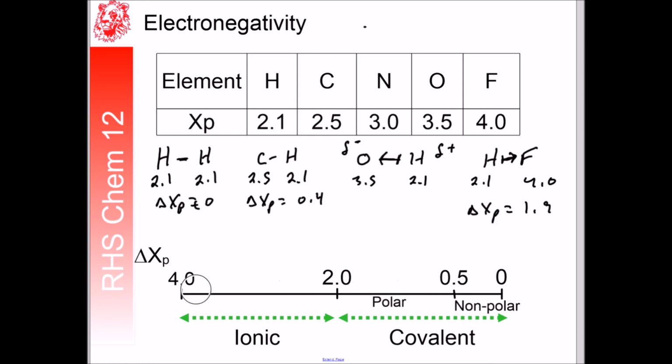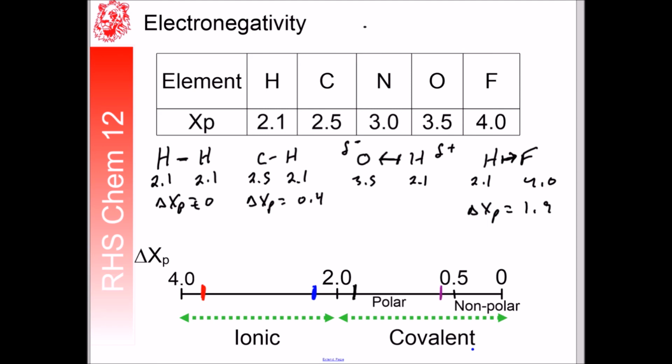So suppose we compare a number of different bonds. Suppose we had one where the bond was very different in electronegativities, and so the electrons were stolen. It's very extreme there. And then we have another one that's kind of right in there, where again we would consider them stolen, ionic. And here we'd have something very polar. And then over here we'd have something that is still in the polar section.